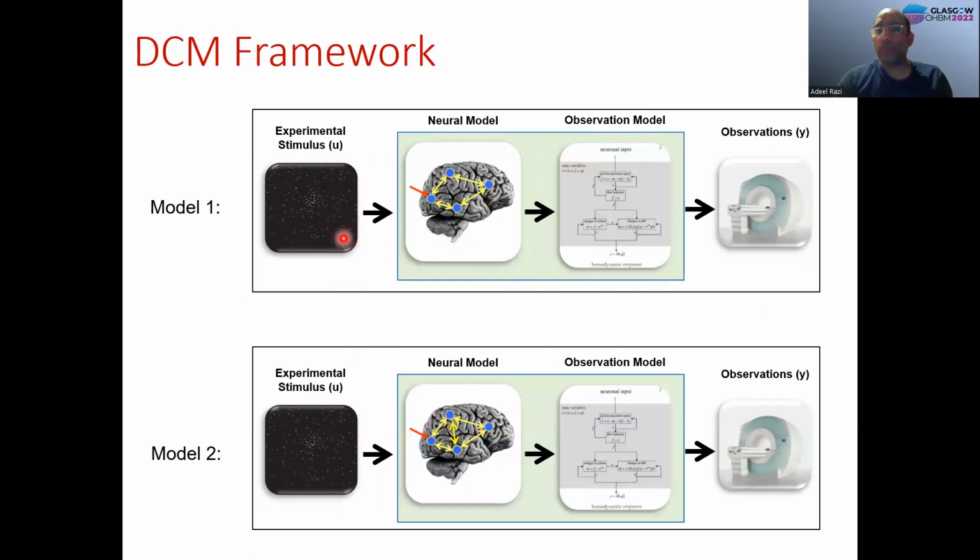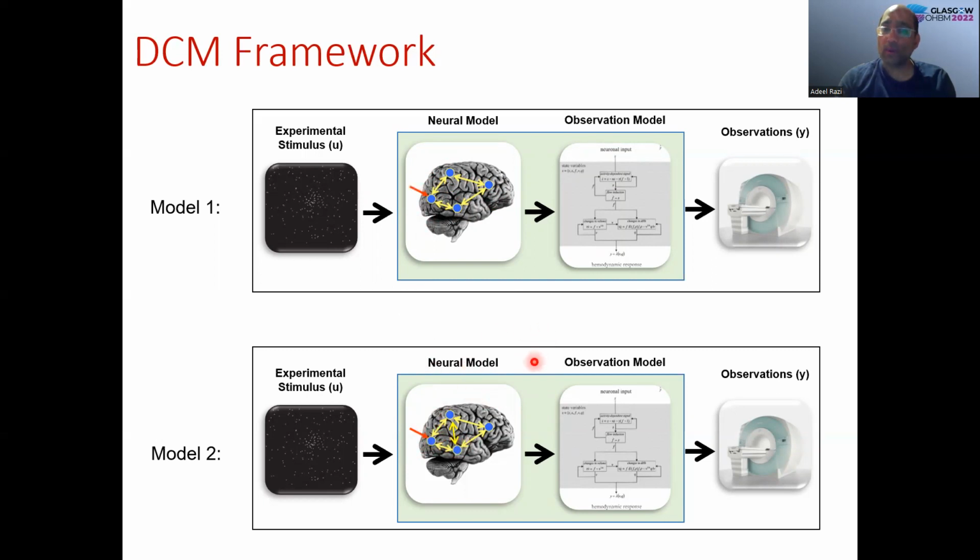So in the end, what we want is this: DCM is a hypothesis testing tool. For example, you might have one model, model 1, with 4 different brain regions connected in this way, and an external input shown by a red arrow entering here.